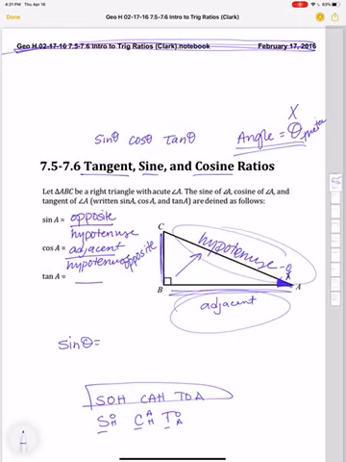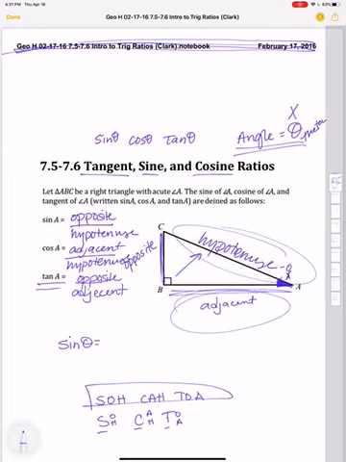Tangent is TOA: O stands for opposite, and A stands for adjacent. So there's no hypotenuse in tangent, which is good to know, because sometimes you're trying to find something and you don't know the hypotenuse. You can just use tangent, if you know the opposite and adjacent sides.